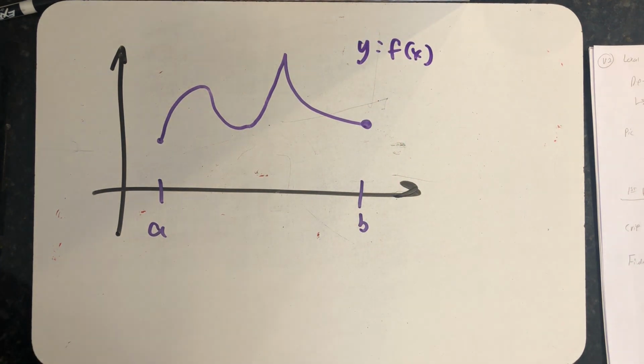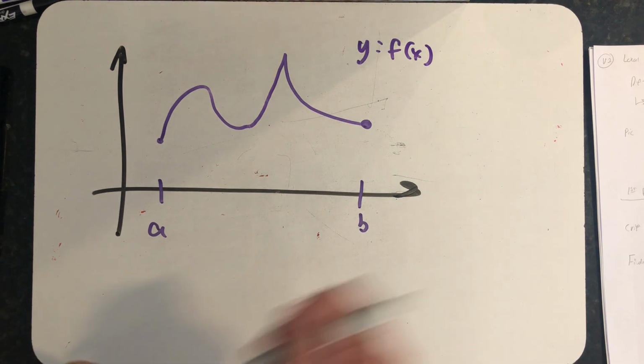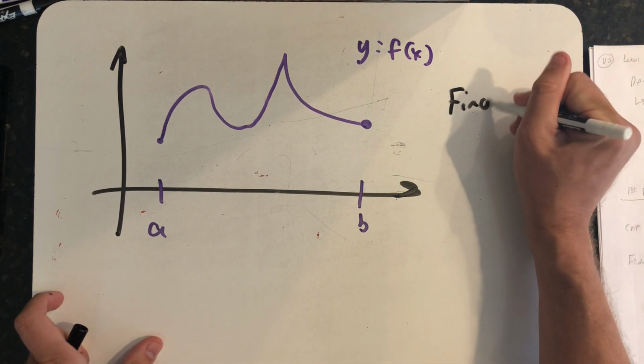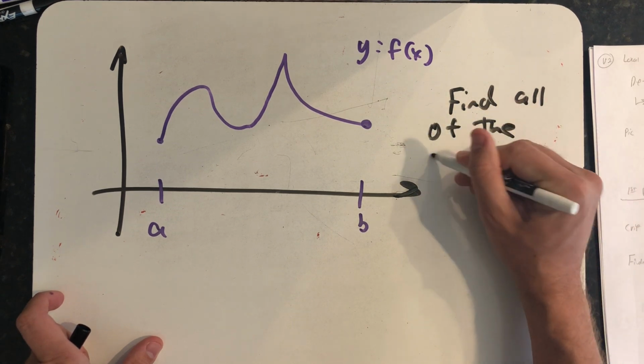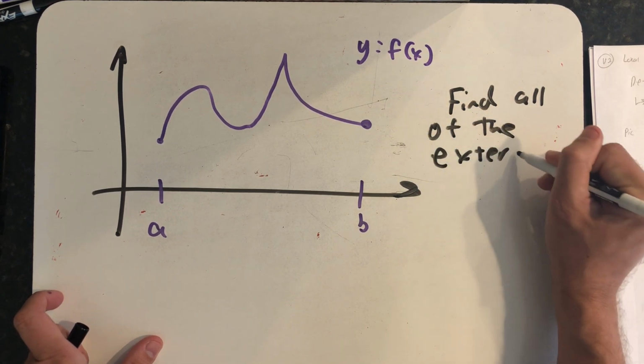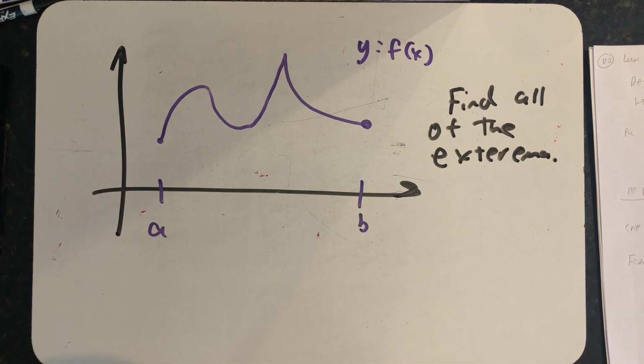And I want to talk about all of the extreme values. One of the ways I could talk about this would be to ask you to find all of the extrema. Let's find all of the extreme values, and with that set of instructions, I need to find any local mins and maxes. I need to find any absolute mins and maxes.